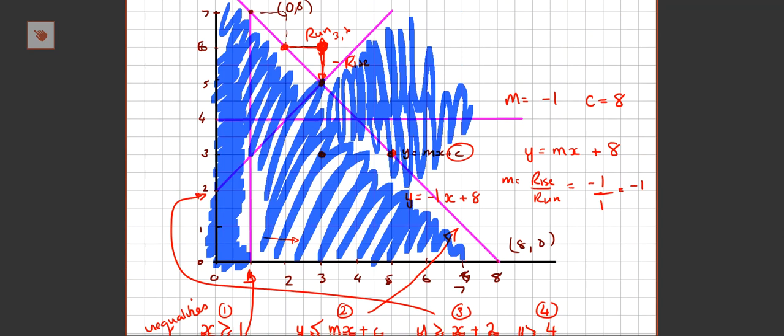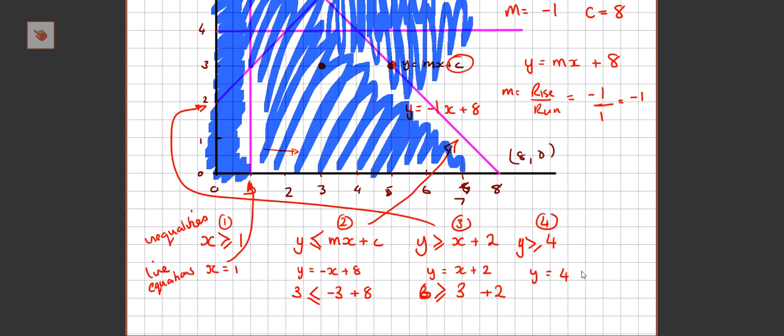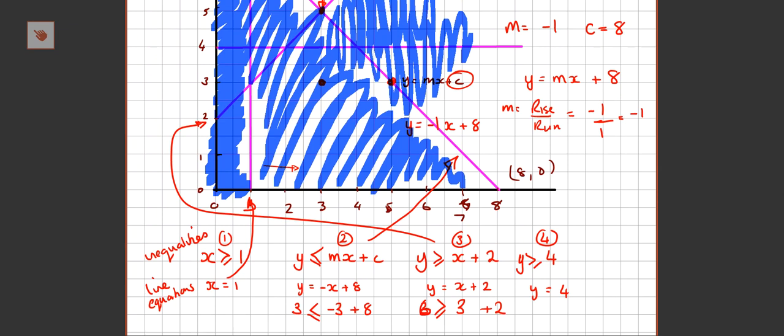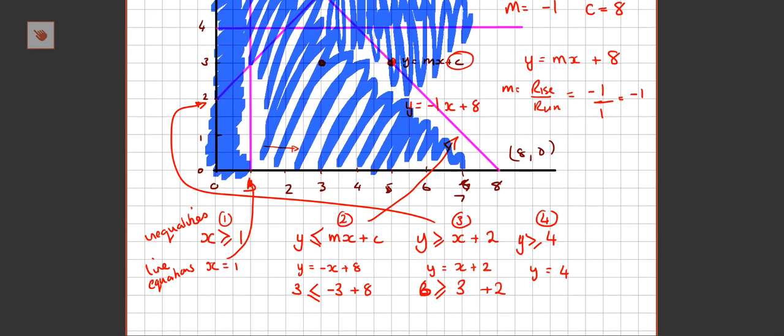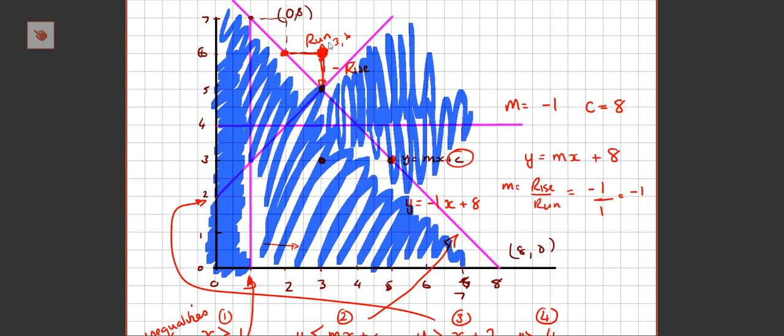At the moment the final line is a bit redundant because it's in the region. The next line would be the y equals 4 line, which has got to be this one, and I'm allowed when y is greater than it, so that'd be above the line. That would leave me with this region, but that line's a bit redundant.